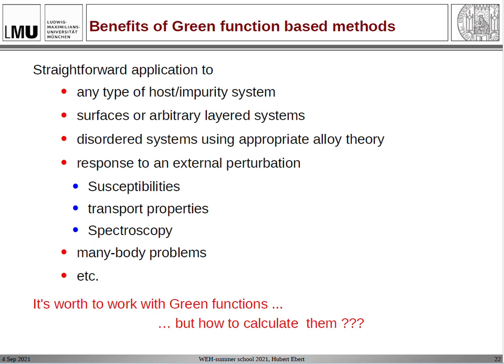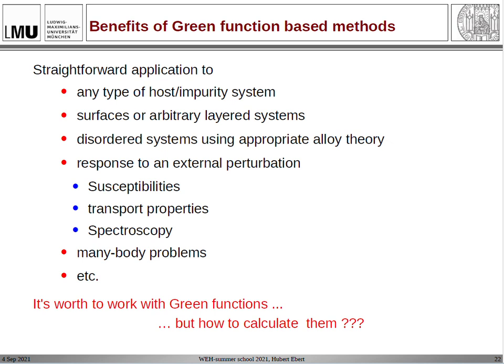If we have the Green's function available for a certain situation, we can describe more complicated ones on the basis of the Dyson equation. So we can handle any type of host impurity system. We can deal with surfaces and arbitrary layered systems. We can deal with disordered systems if we plug in, in addition, a good alloy theory.